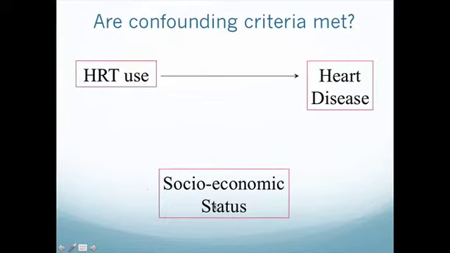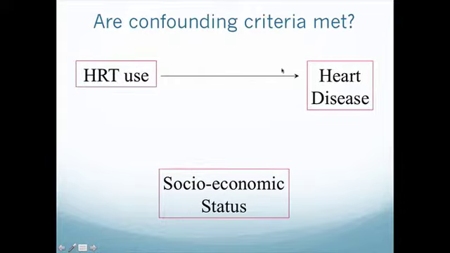We might also say that there's an association between hormone replacement therapy and socioeconomic status. Perhaps higher income women are more likely to use hormone replacement therapy because they have good insurance that covers their use. They're more likely to see their doctor, something like that. So in this case, we may say we have a positive association between hormone replacement therapy and socioeconomic status.